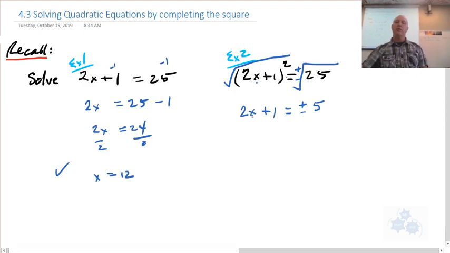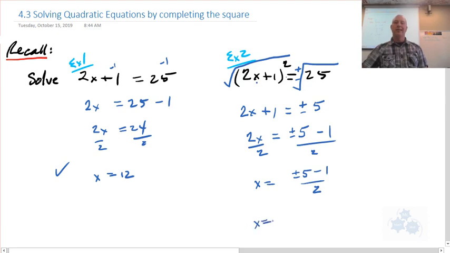Now solving for x becomes just the same as we did before. This is 2x equals, and you have to consider the positive and the negative version of this square root. Dividing by 2 gives us x equals plus or minus 5 minus 1 over 2.